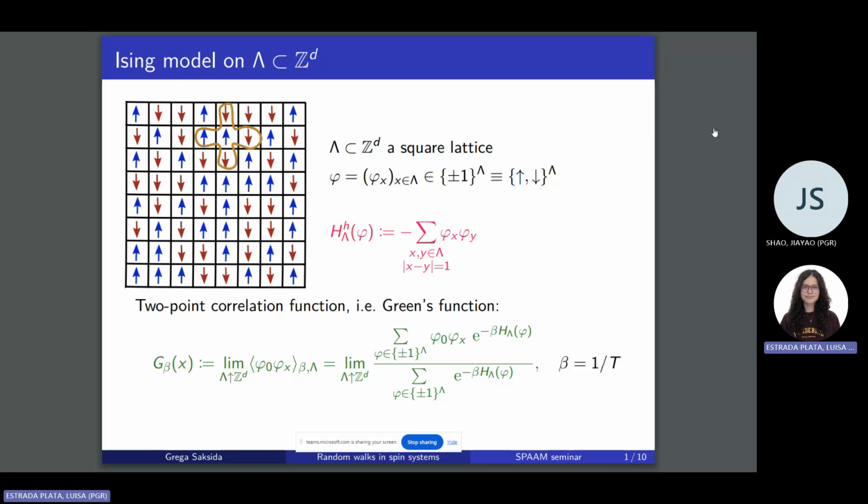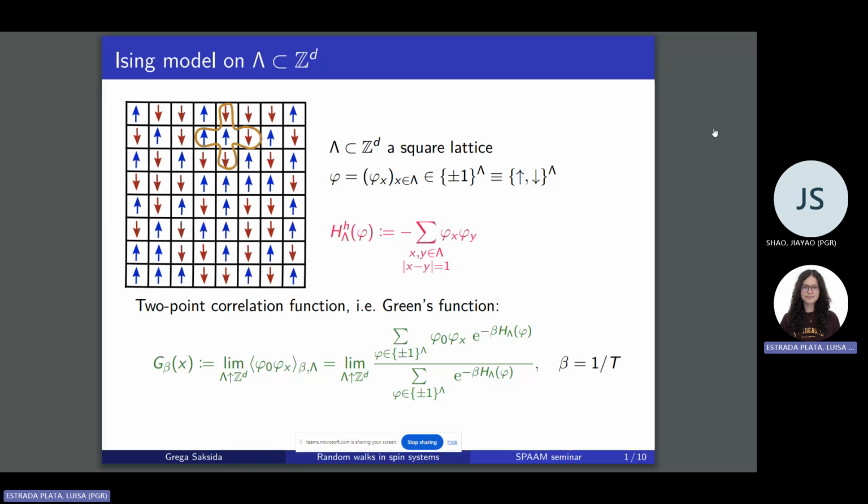Beta here is usually taken to be 1 over the temperature, so inverse temperature. And then we have to normalize this factor just to make this probabilistic. So basically the probability of a configuration is proportional to this factor, and then we calculate the expected value of alignment of spins at some site 0 and some other site x.